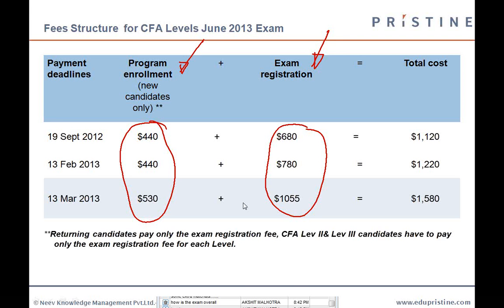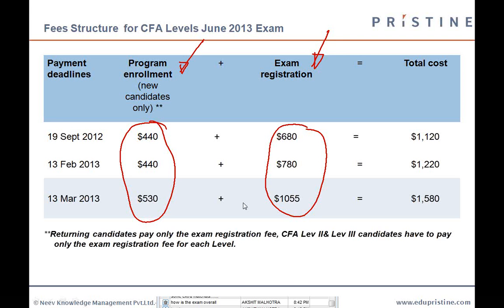Austin has a question. Are Pristine notes sufficient from exam point of view? Yes, Pristine lectures are definitely very useful. Having said that, here is the deal. The power of Pristine primarily is in the classes that you get, primarily in the interaction that you have with the faculty, because all the classes are taken by CFA charterholders who have been working in that industry for long.